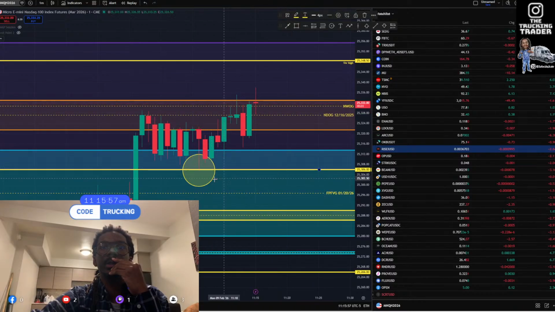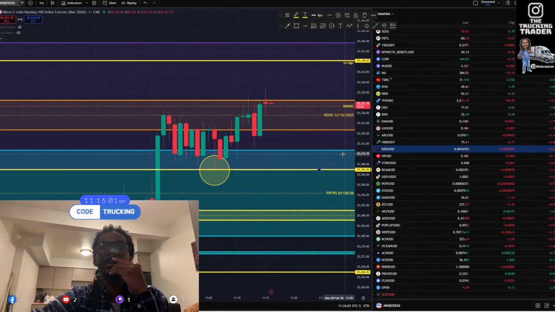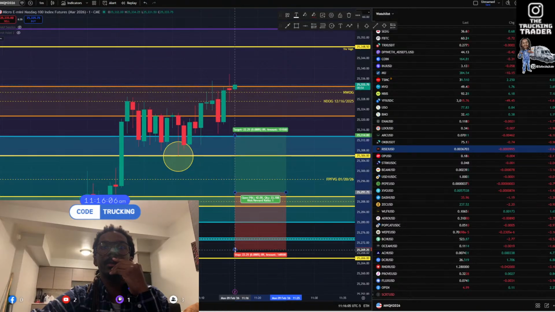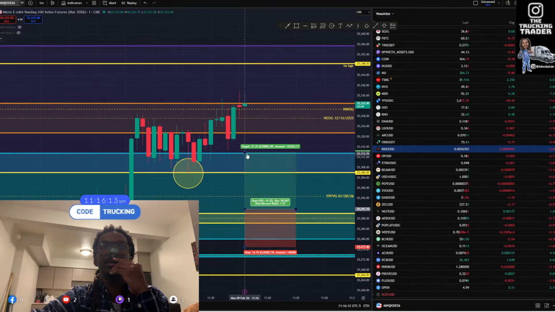And now we're going to be looking to see, do we come down here, sweep this liquidity before going back up to the upside? And if we can do that, maybe we could catch this trade before it happened.